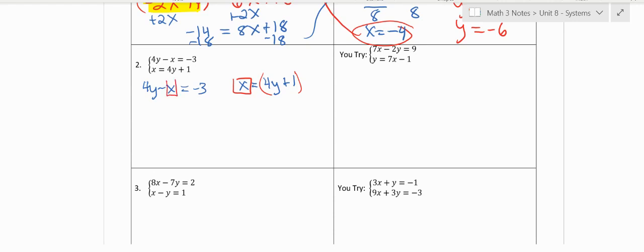So in our other equation, wherever I see an x, I'm going to replace it with that expression. So if I rewrite it, it looks exactly the same, but in place of x, I'm writing 4y plus 1. We're now going to go ahead and distribute the negative 1 and simplify.